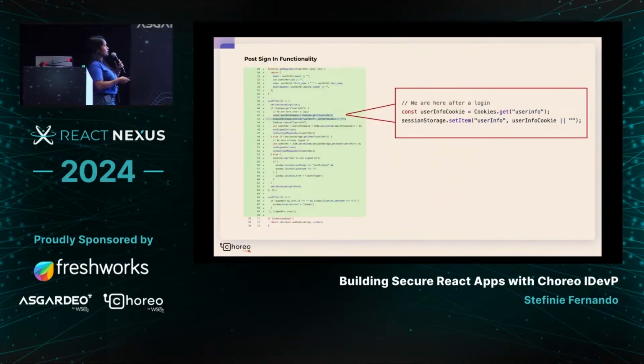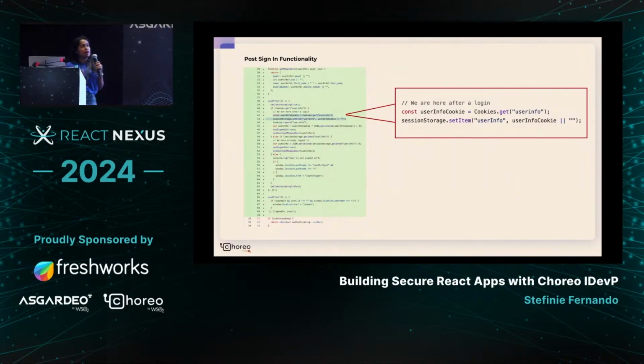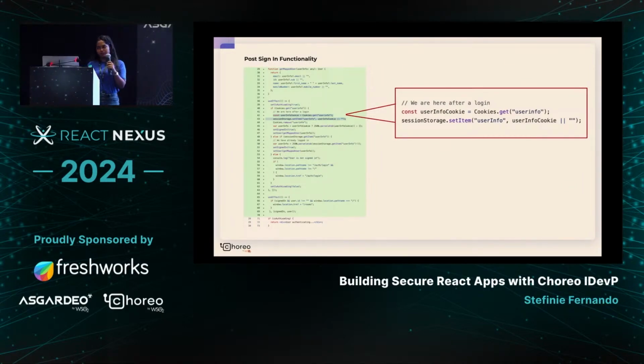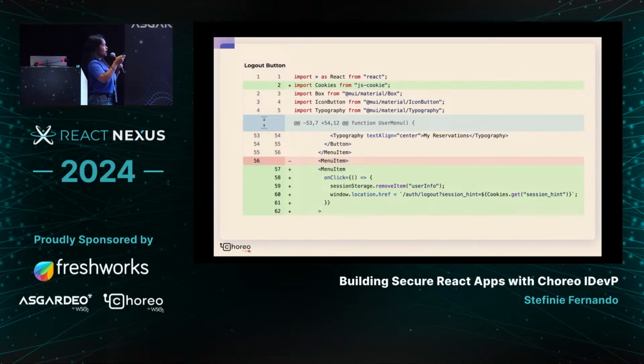Though I have a big code chunk here, what is actually important are these two lines, because with Choreo managed authentication, it establishes a user info cookie, which has all the encoded user information, which you can use. How you use this information is up to you as the developer. And then we have the logout functionality. When I click on the logout button, it will remove the user info from the session storage and then redirect the users to the auth logout URL.